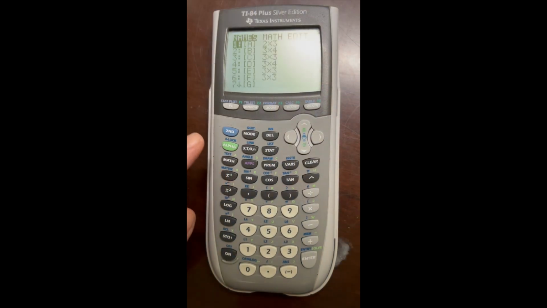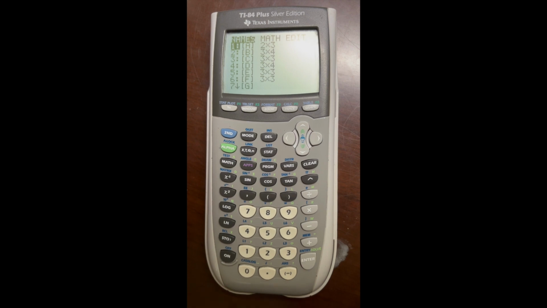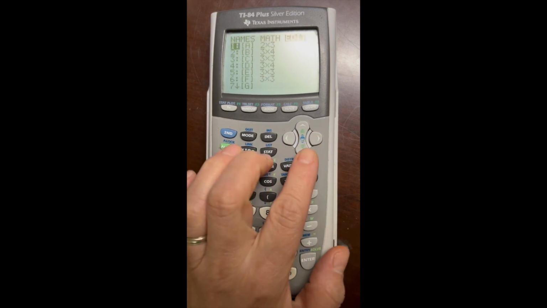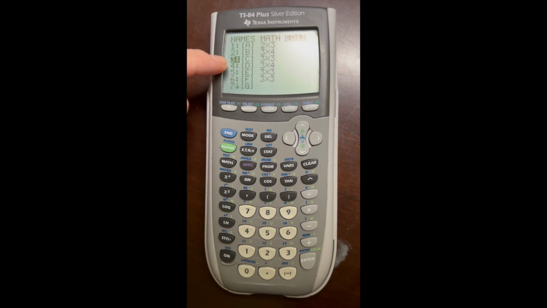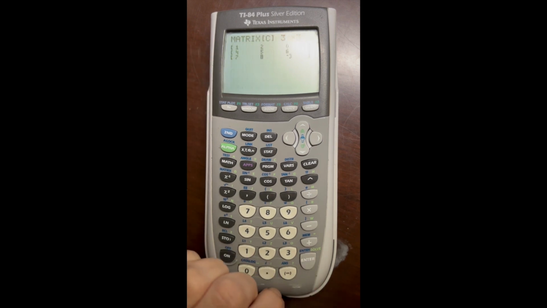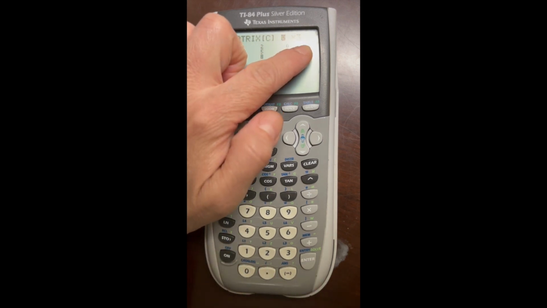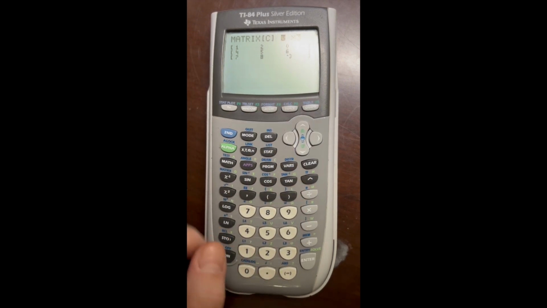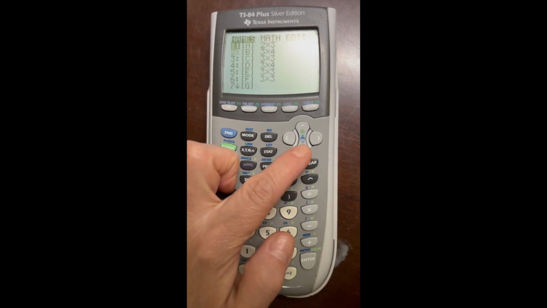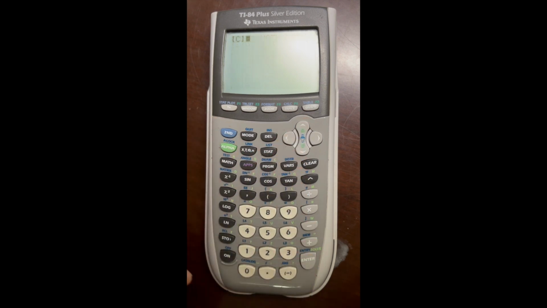First, re-enter the matrix menu and edit a matrix of your choice. I'll be working with matrix C. One thing to know is that you can only find the inverse of matrices that are square. I've set up a 3 by 3 square matrix, and I've already entered all my elements. I'm going to now exit the matrix editor and go pick my matrix from the names menu.